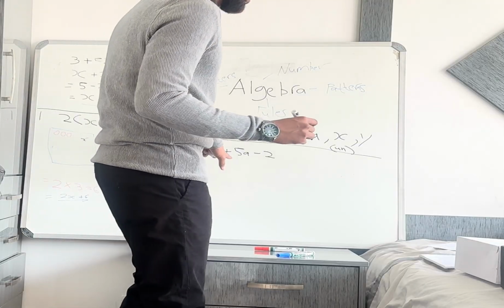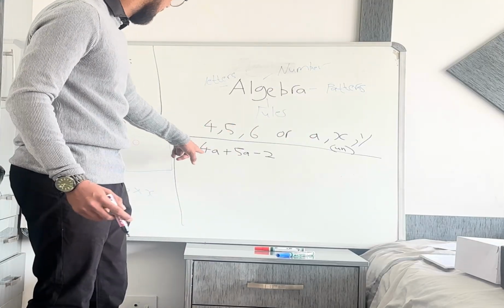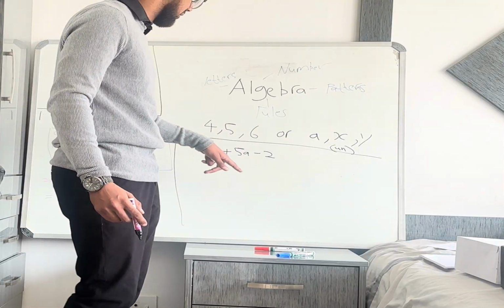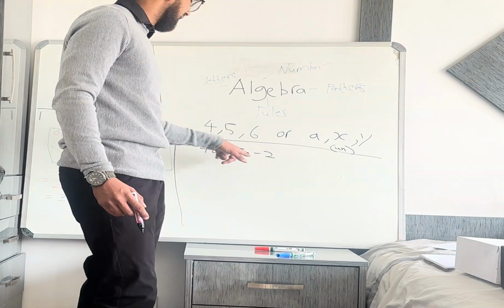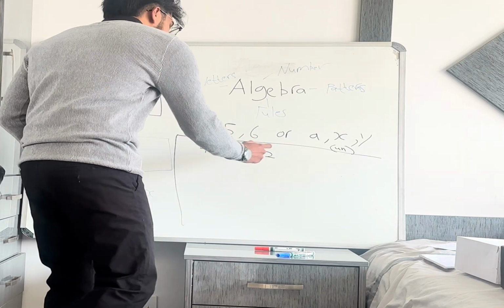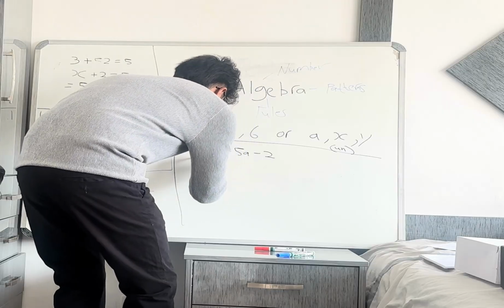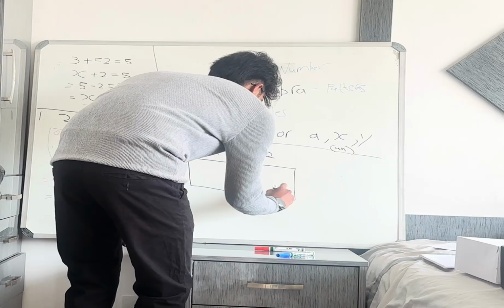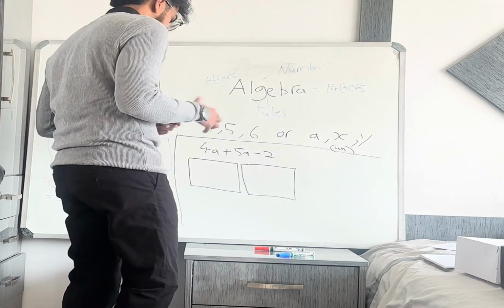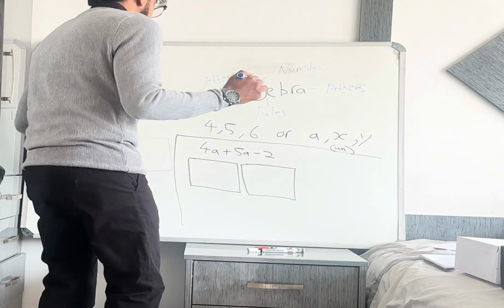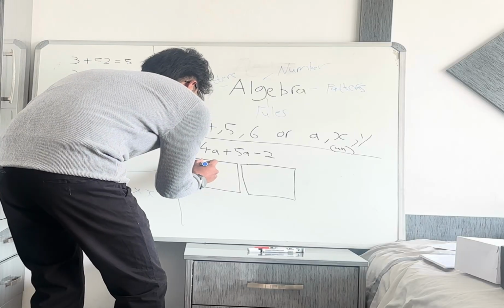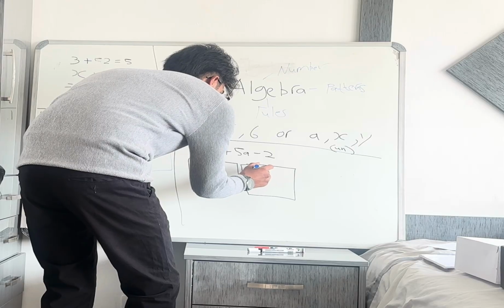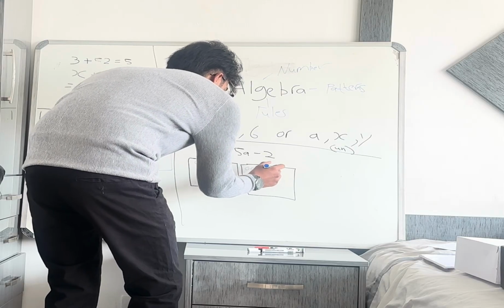So, what this means is, imagine if we have a bag with 4 apples and we have another bag with 5 apples, and then we have, let's just draw this first so we can understand. So if we have 4 apples and here we have 5 apples.